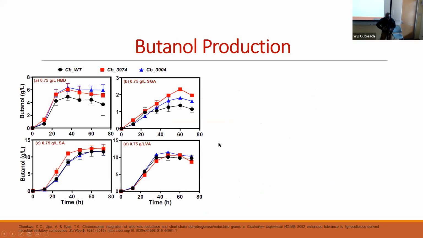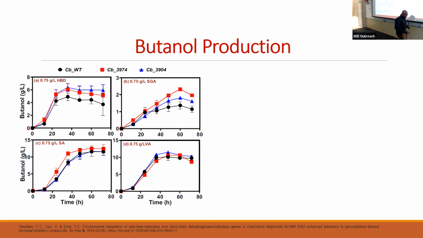We're not sure yet. We had to ramp up the concentration of these inhibitory compounds to be able to see how that works, because naturally this organism can detoxify low concentrations of these. So a strain that has an extra copy doesn't make that much of a difference unless you ramp up the concentration. And as we did to 0.75 gram per liter, we saw a slight difference as well with syringaldehyde and syringic acid.